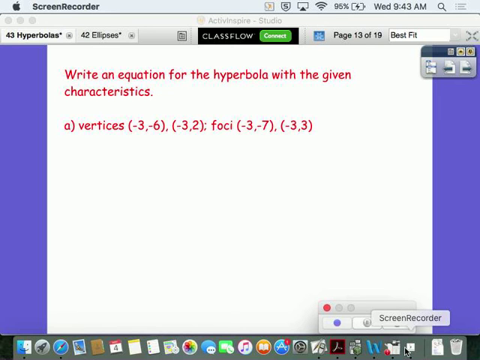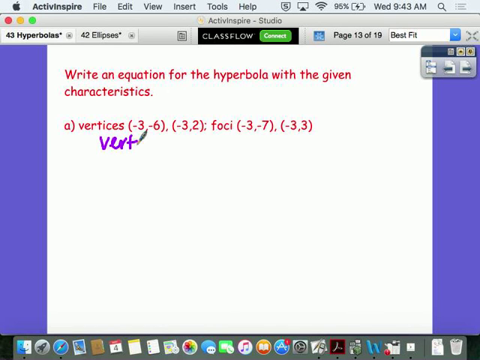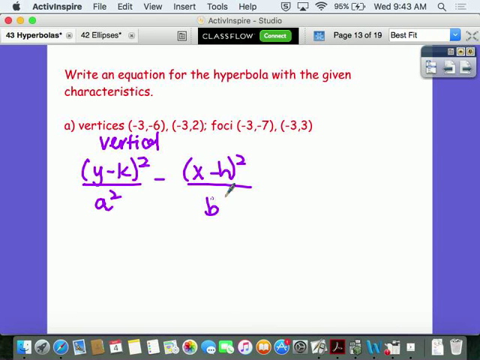If my x's stay the same, but my y's are the ones that are different, is this vertical or horizontal? It's going to be vertical, okay? So because the y's change, but the x's stay the same, we already know it's going to be vertical. So we already know that the y's are going to come first, and the x's are going to be subtracted. A squared is still first, b squared is second. Okay? So I already know this is vertical.